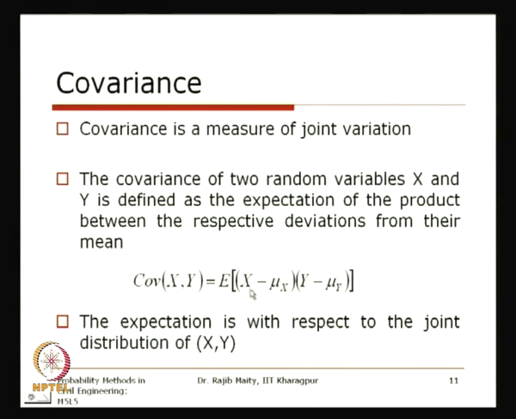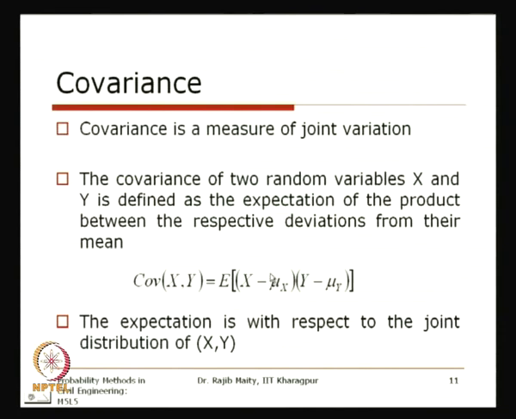That means we are considering X minus mu_x, the mean of X, and Y minus mu_y, the mean of Y. This is basically the central second order moment, with r equal to 1 and s equal to 1. This expectation is known as the covariance between X and Y. The expectation is with respect to the joint distribution of X and Y.